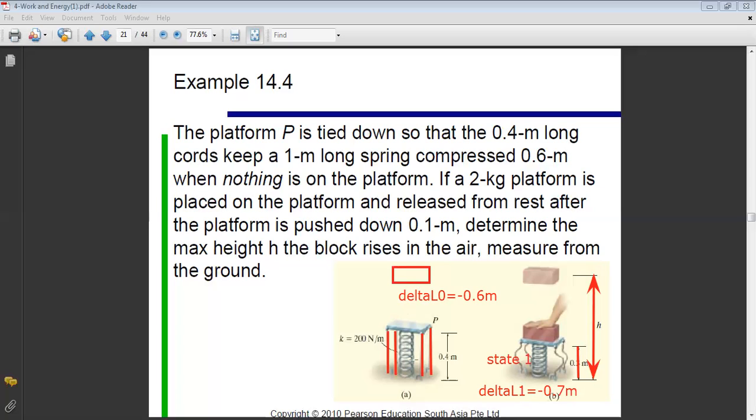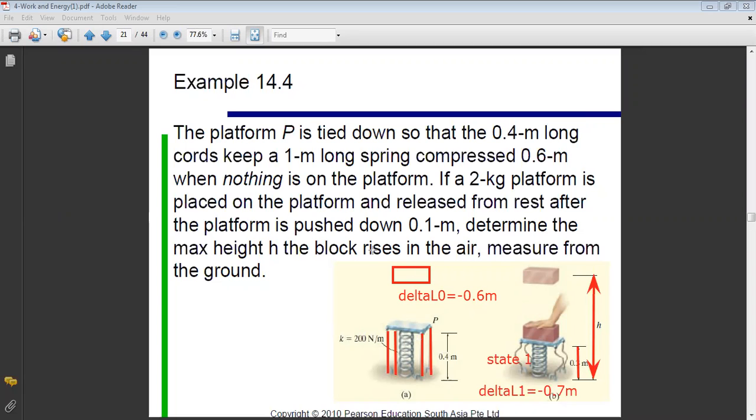It will go with it until reaching delta L of minus 0.6, because the length of these 4 cords will force the spring to stop at this level. So once my spring goes back to 0.4 meter in length, therefore a compression of 0.6, the spring cannot follow the block anymore. The block will continue on its own until reaching the maximum height.